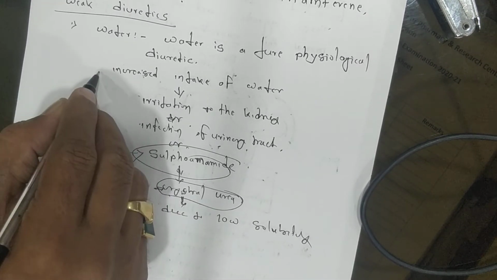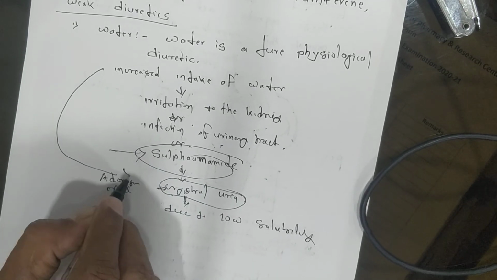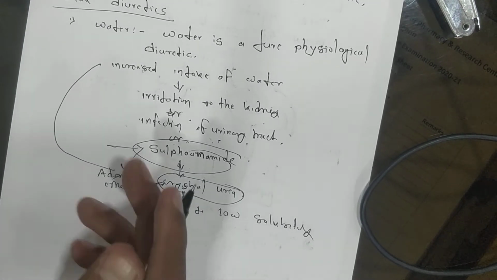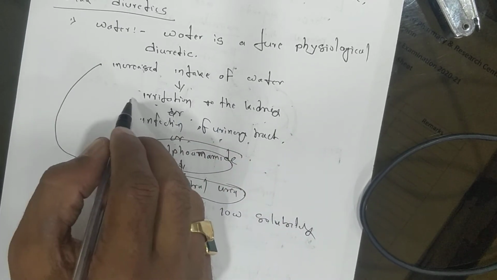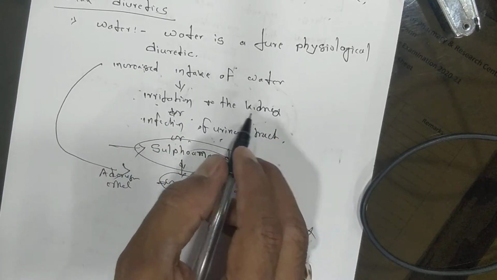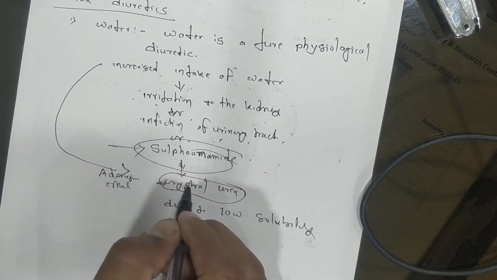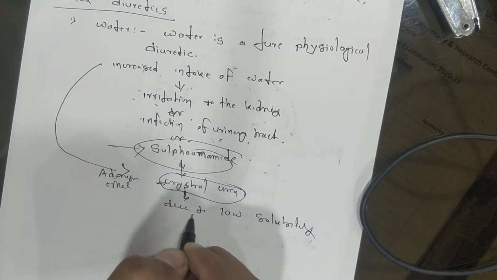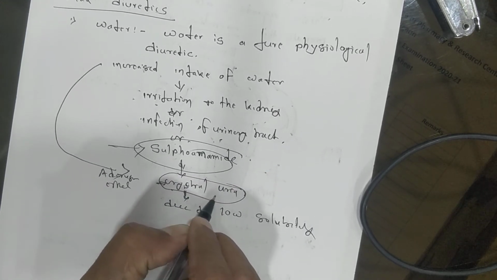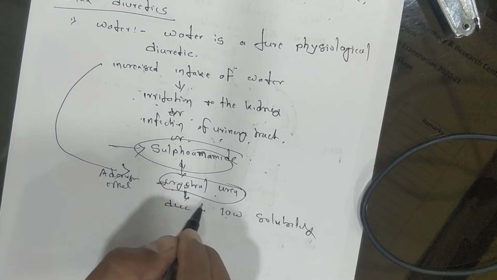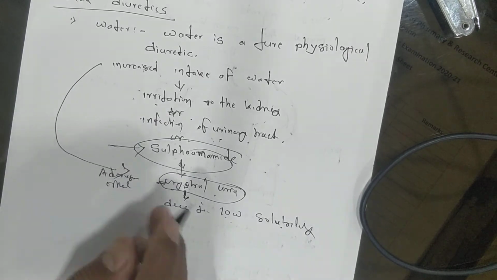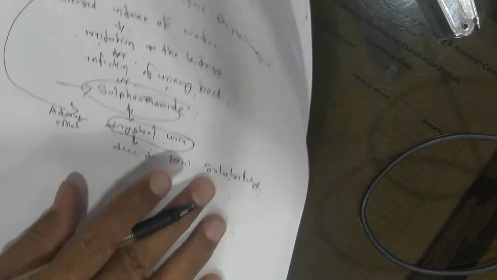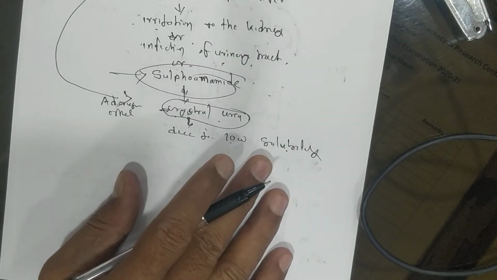Then if you increase your intake, such a problem is avoided. That's why increase the intake. Irritation to the kidney caused by some drugs can be removed. Infection is cleaned. And with sulfonamide drugs, crystalluria is caused by the low solubility, and if you increase the intake of water, you may minimize such an effect.